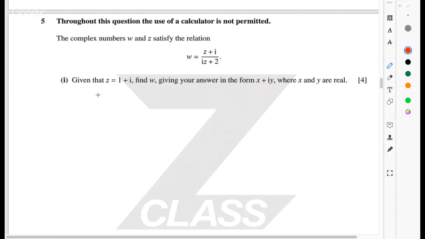For example, in the first question, given that z is equal to 1 plus 2i, find w giving your answer in the form x plus iy, where x and y are real.